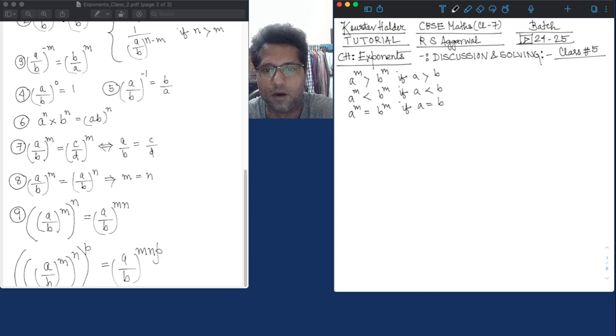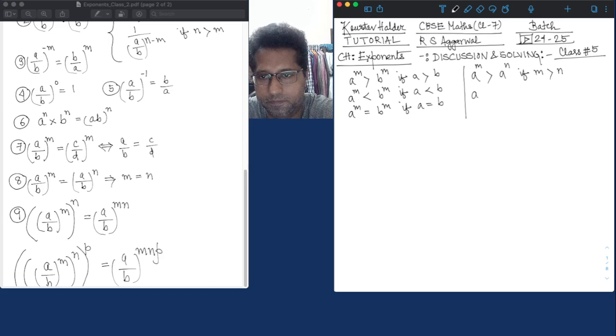Now this is one thing. Another thing is that when the bases are the same but the powers, or the exponents, or the indices, are different, then let's say a to the power m will be greater than a to the power n if m is greater than n.